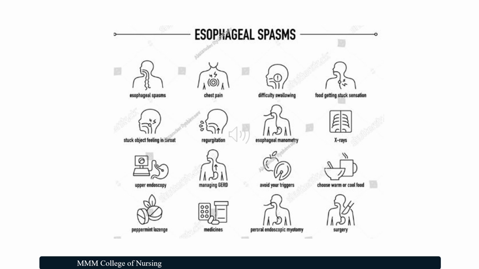In diagnosis, esophageal manometry, X-rays and upper endoscopy can be used to identify esophageal spasm. Manage the condition of GERD, and avoid foods which trigger the esophageal spasm. Always choose warm or cool food. In treatment, medicines and surgery can also be used for esophageal spasm.